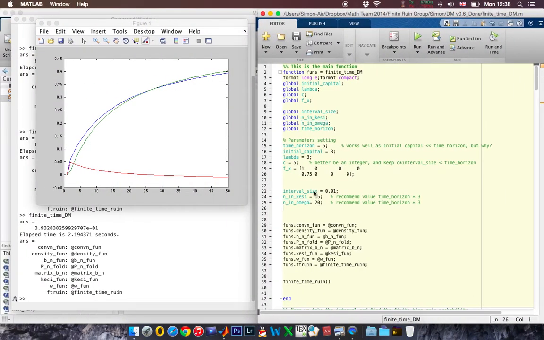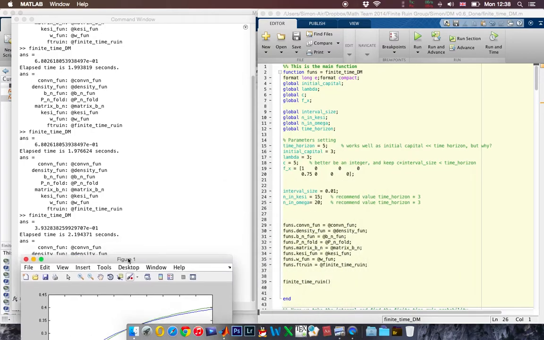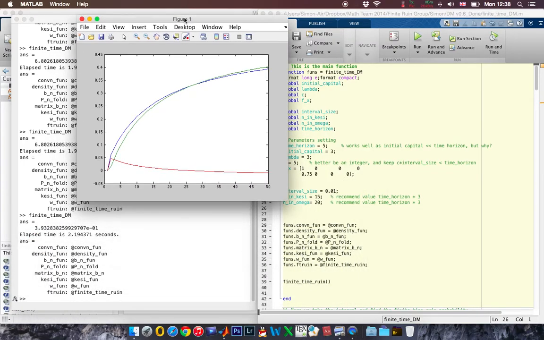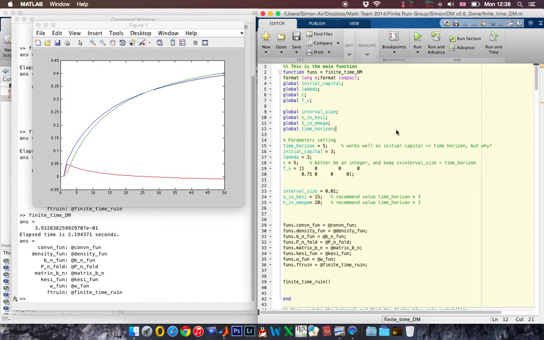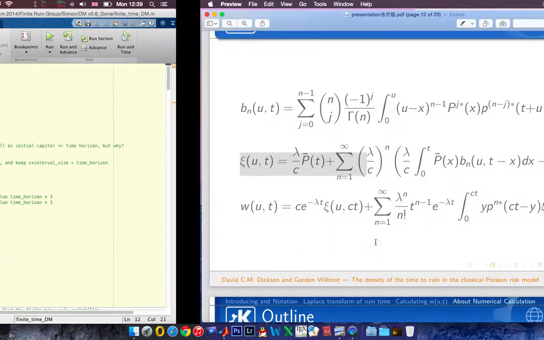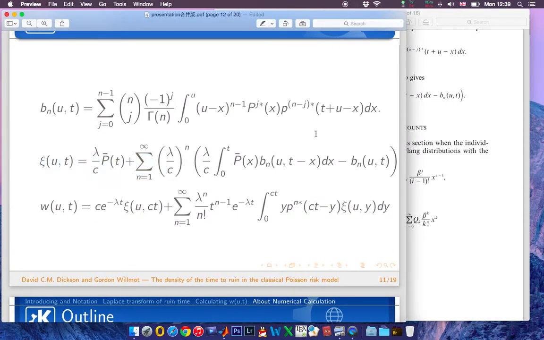But now we can give it more freedom to calculate much more accurate results. And the whole function works out in under 4 seconds, which I do think is already good enough to implement in daily life. So that is everything I need to say about the implementation of Dickson's algorithm in Matlab.